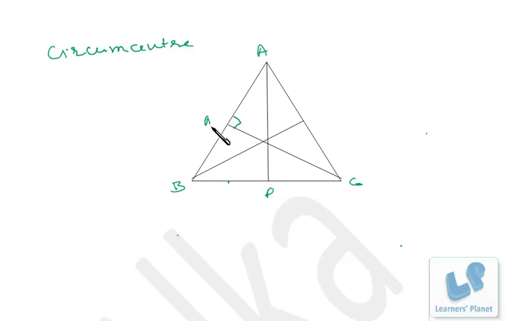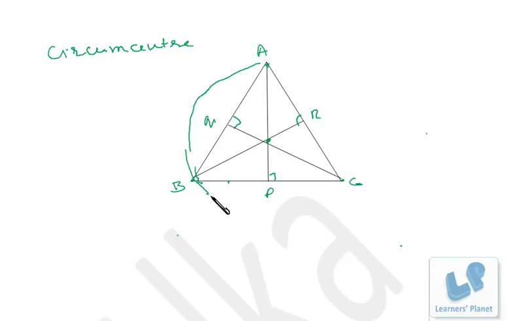Suppose this is P, Q and this is R. So CQ, BR and AP are perpendicular bisectors, and their concurrence point is the circumcenter. We call this the circumcenter because from this point all three lengths are the same, and if you put a compass here, you can draw a circle.